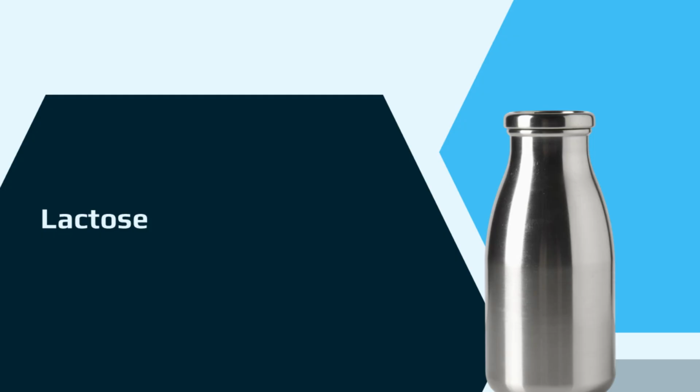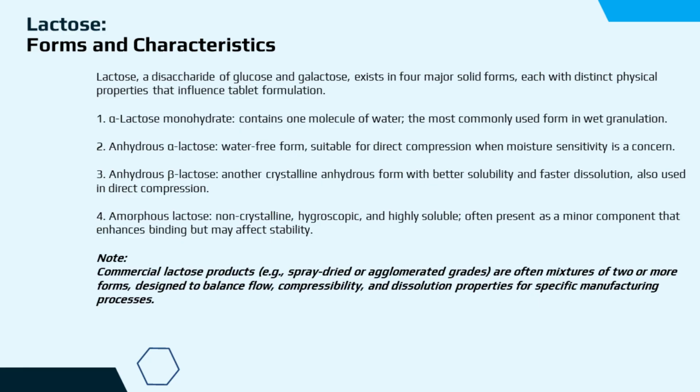Let's move on to lactose, one of the most common and versatile diluents used in tablet formulation. Lactose, a disaccharide of glucose and galactose, exists in several solid forms, each with distinct physical and functional properties. The main types include alpha-lactose monohydrate, anhydrous alpha-lactose, anhydrous beta-lactose, and amorphous lactose.